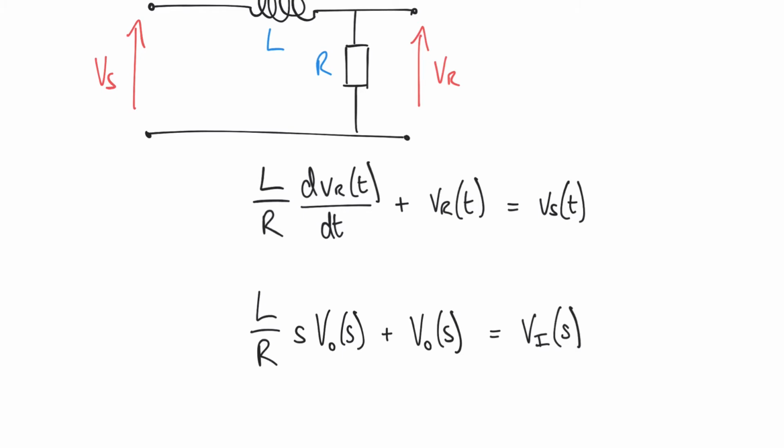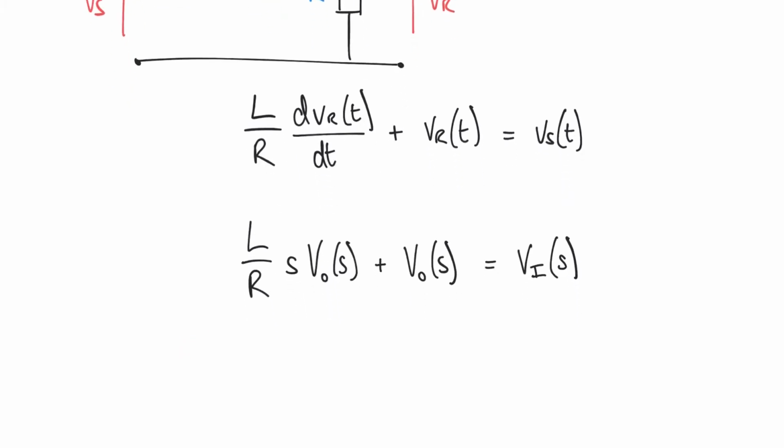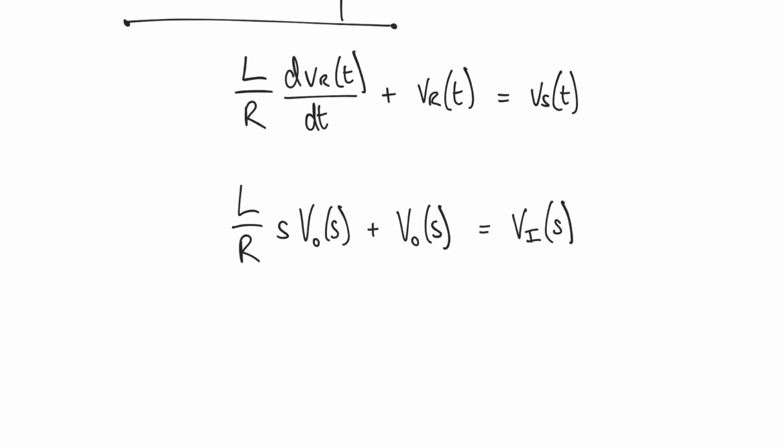I'll not repeat myself with regard to the Laplace transform here, but notice that we have this constant of L over R, and we can keep that outside of the Laplace transform in this case because L and R are constants, and so we have something like this, and we can simplify a tiny little bit. We can take that S and make it part of that fraction as well.